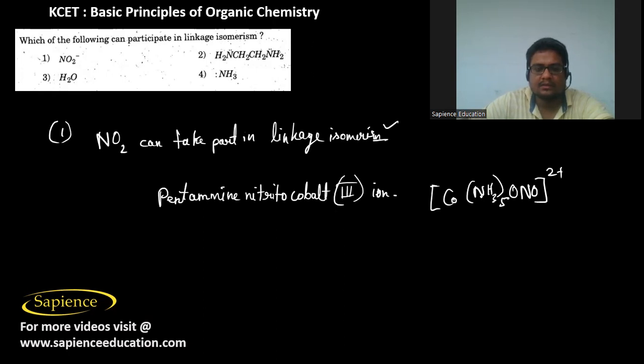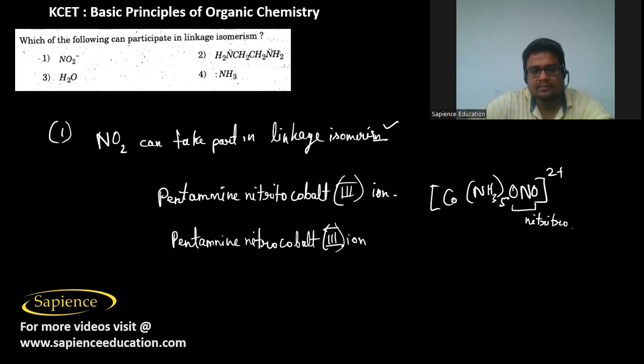So if it links with the oxygen atom, then this ONO is called the nitrito group, or it can link in the form of nitro also. When nitrogen links with the cobalt ion, it forms pentaamine nitro cobalt 3 ion, which will be like this: Co(NH3)5 NO2 2 plus.